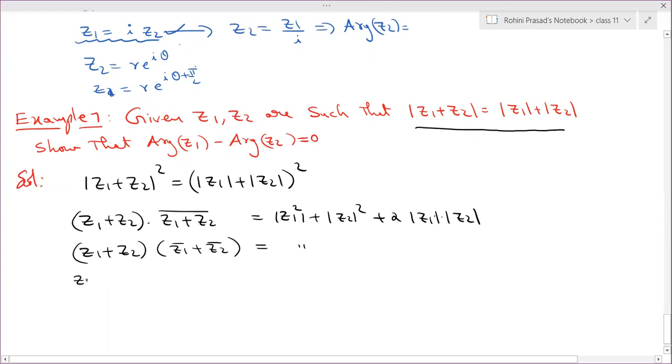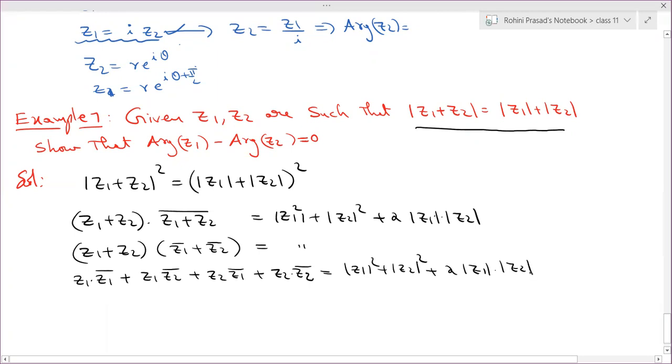Now if you open the bracket, Z1 Z1 bar plus Z1 Z2 bar plus Z2 Z1 bar plus Z2 Z2 bar equal to the RHS, the same: mod Z1 square plus mod Z2 square plus 2 times mod Z1 into mod Z2.